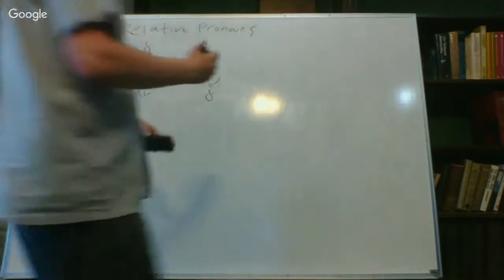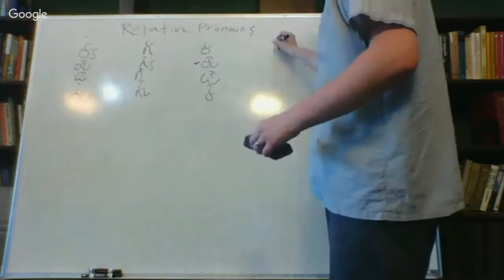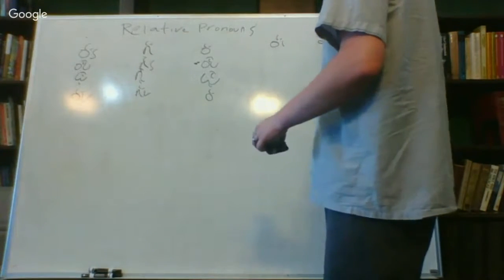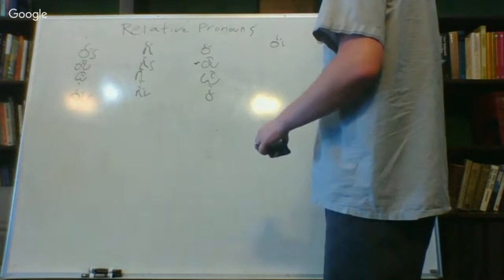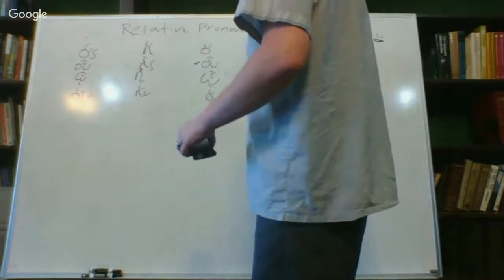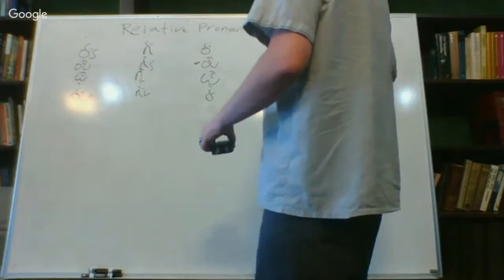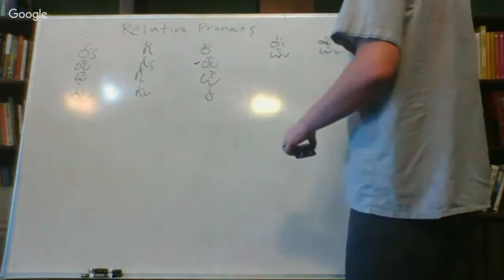I'm going to come over here and write the plural. It'll be hoi, hai, ha. And then hōn, hōn, and hōn.